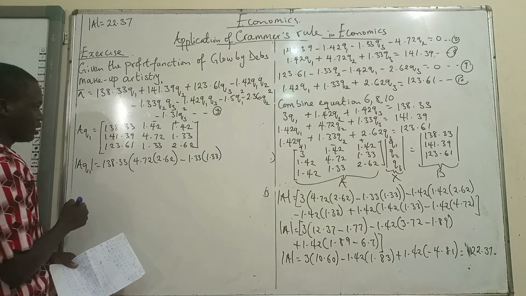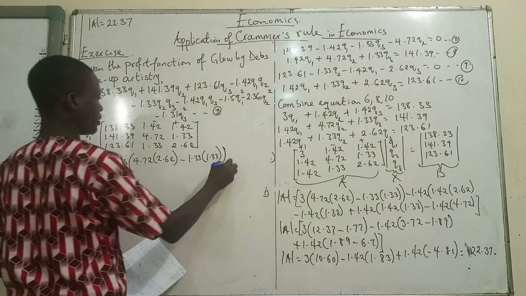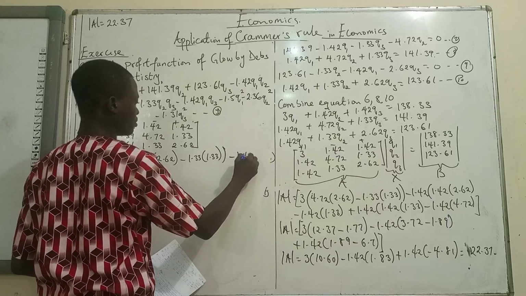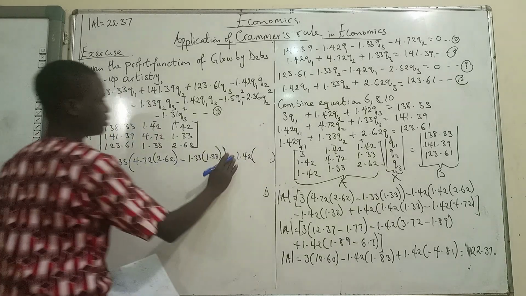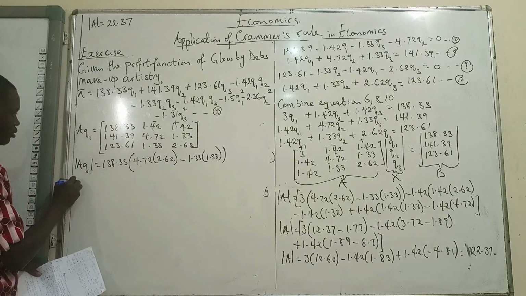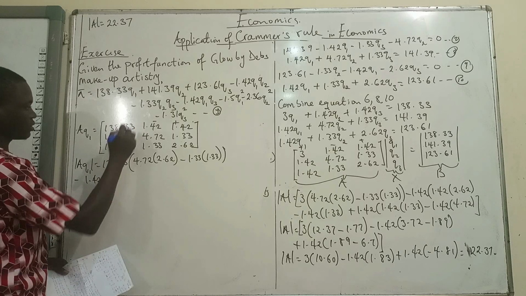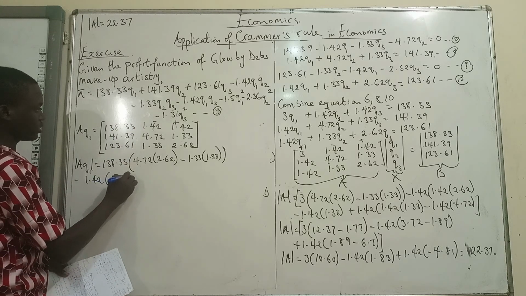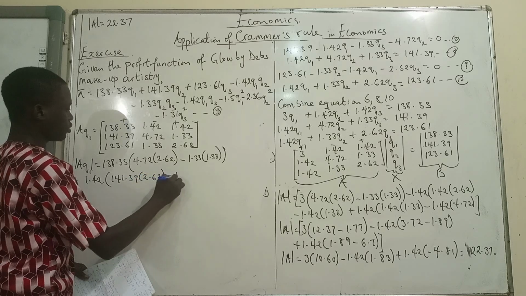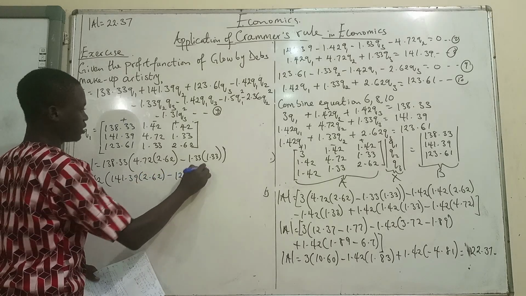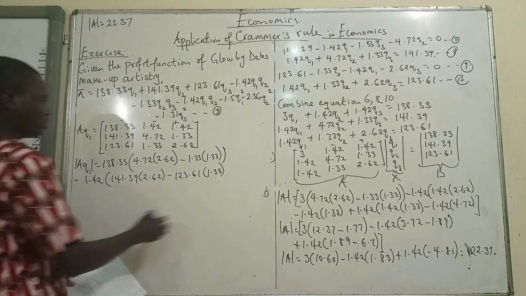That's about that. Then we have minus 1.42 into brackets, this takes this one, so minus 1.42 into brackets 141.39 times 2.62 minus 123.61 times 1.33.